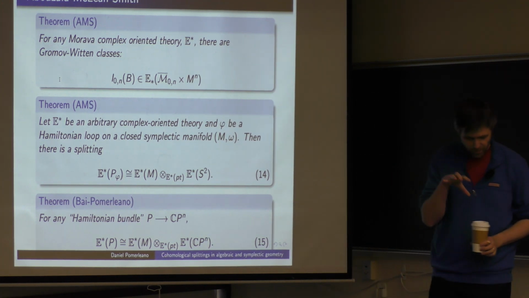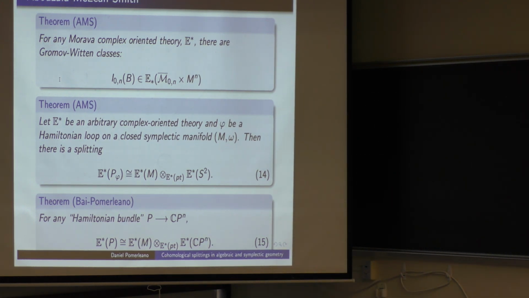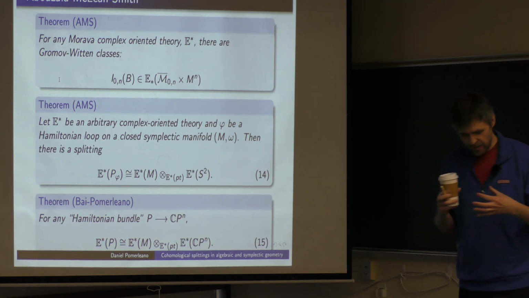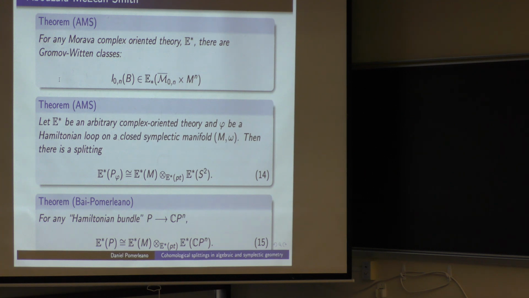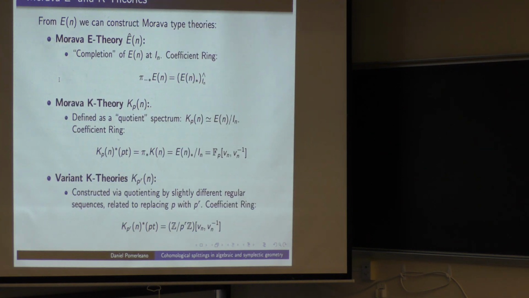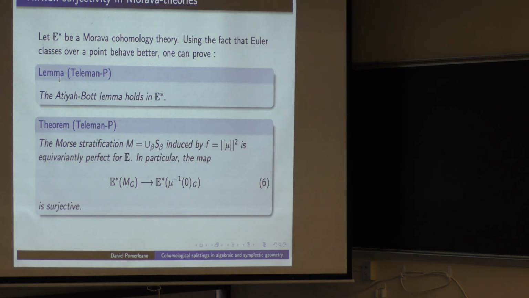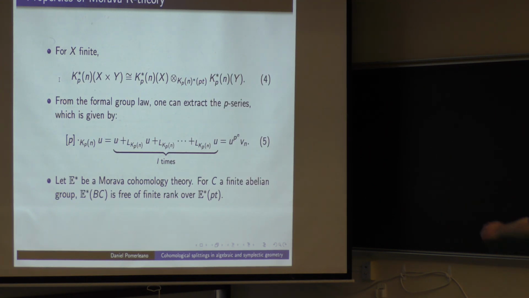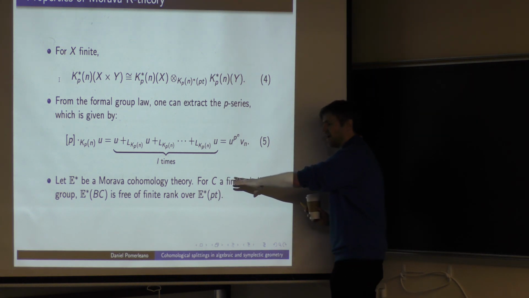Traditionally, Gromov-Witten invariants like these Seidel operators are defined with Q coefficients, because your moduli spaces are orbifolds, and in an orbifold you can define fundamental cycles with Q coefficients, but not so well over Z. But going back, this elementary calculation is maybe a shadow of the key idea: if you have a finite abelian group, the Morava theories are finite.